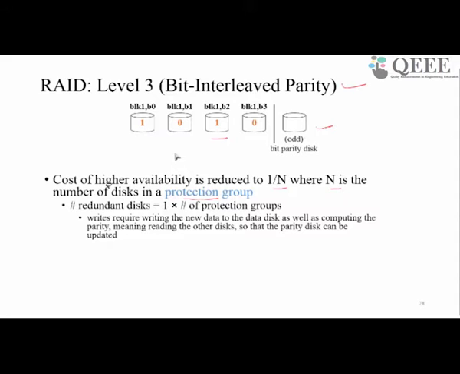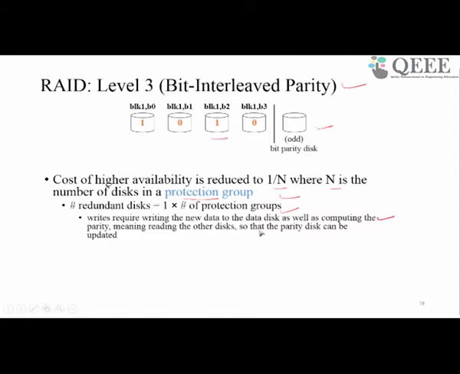So for this protection group of 4, you have used one parity bit. You can also have one more protection group, which can be overlapping also, and for each protection group you have a parity bit. The write requires writing the new data to the data disk as well as computing the parity and writing it.